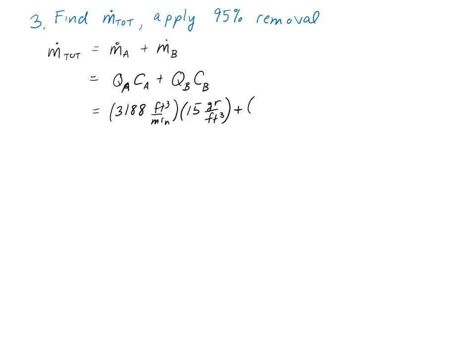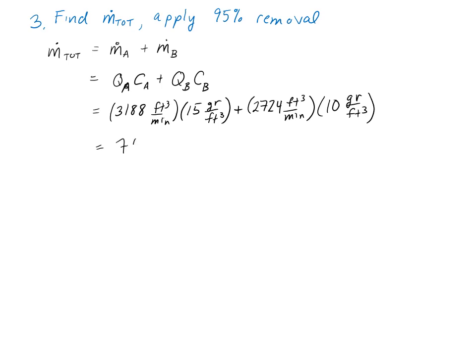And then we'll add the 2,724 cubic feet per minute, which is the standard flow rate from bin B, times the concentration in that exhaust of 10 grains per cubic foot. These have different chemical compositions, but we're just interested in the total mass so we can add them together.